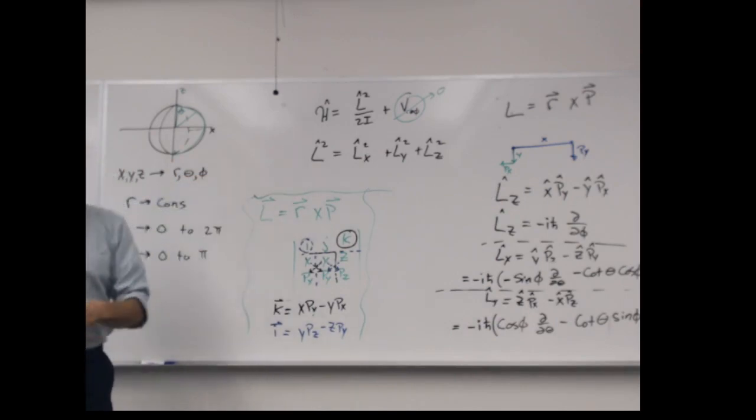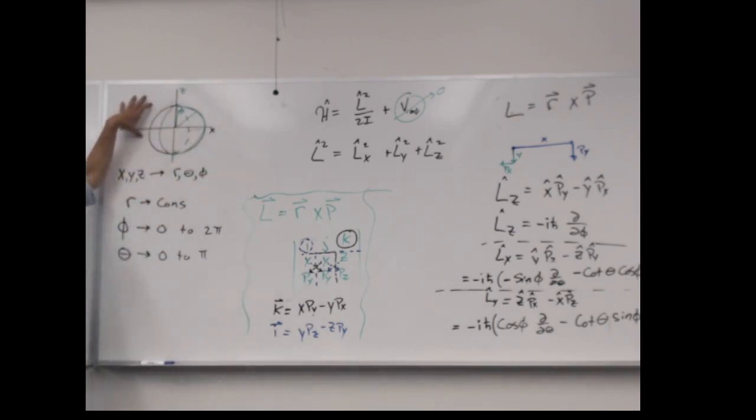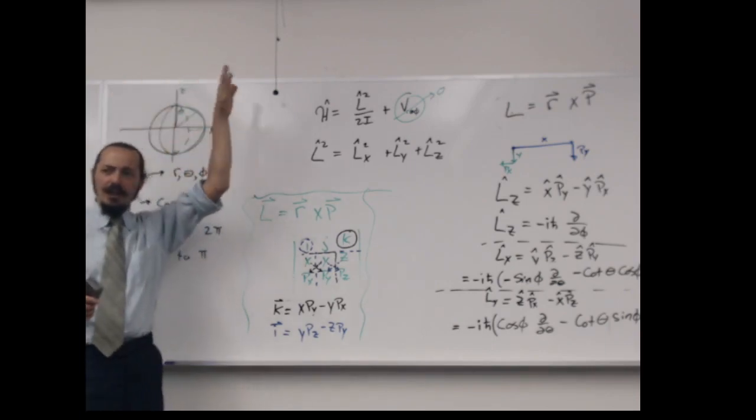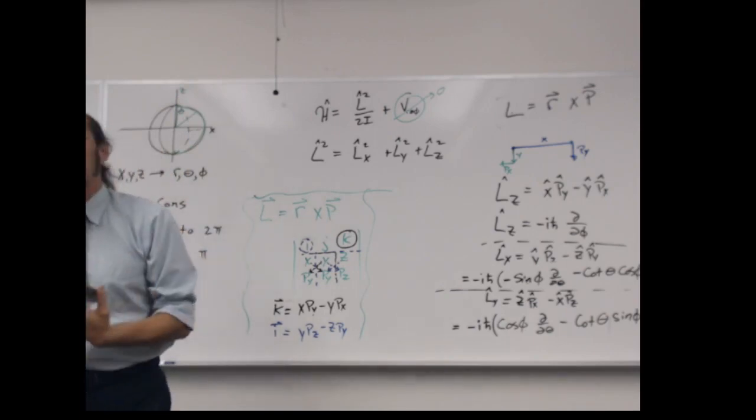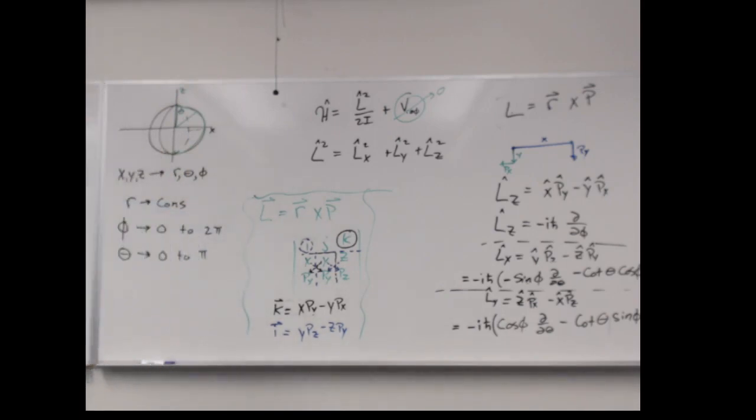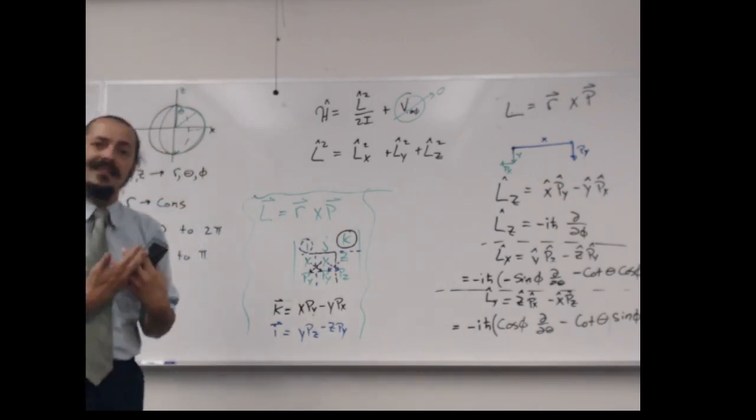Let's look at what L squared looks like, because this is all just doing the setup. Our setup is we're restricting ourselves to this three-dimensional sphere. We want to figure out how an object rotates around in three-dimensional space. How can we talk about the energy associated with that? How can we get wave functions associated with that? That's the main thing.